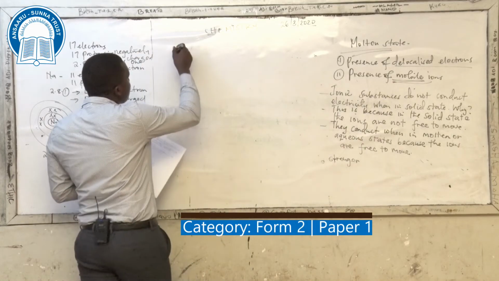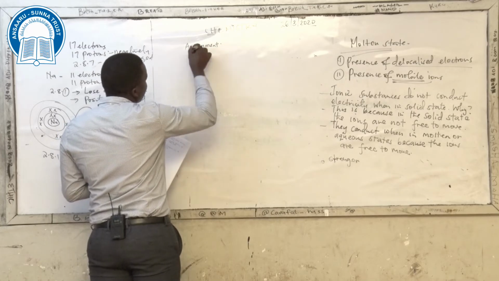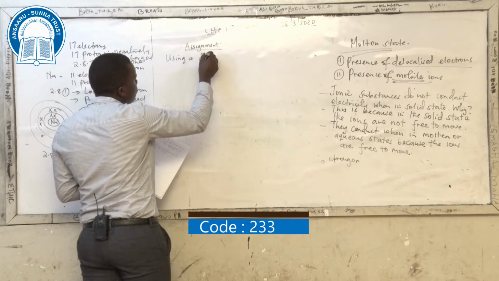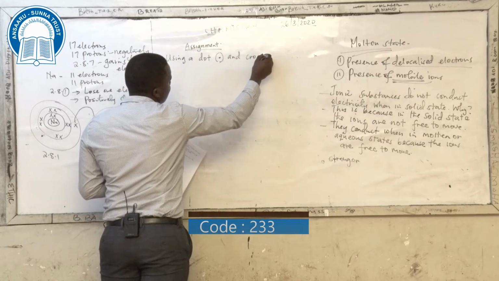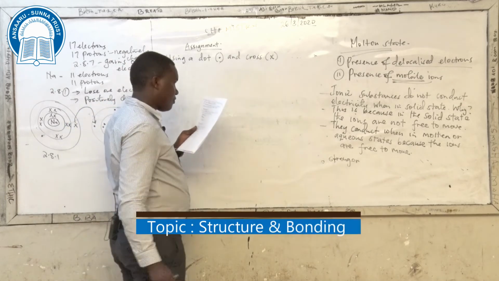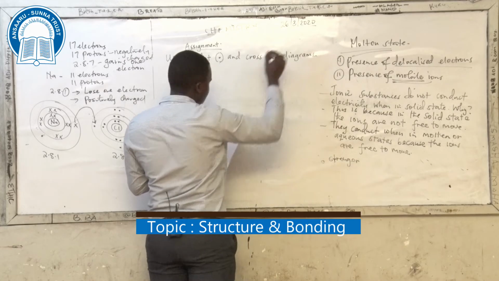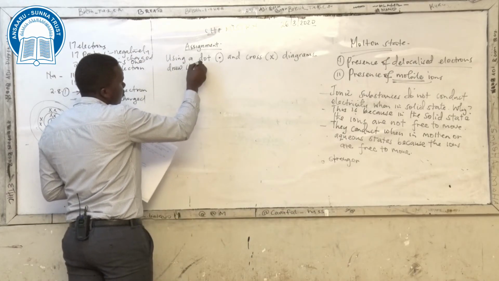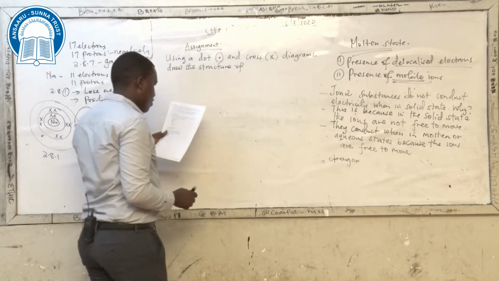So using a dot and a cross diagrams, draw the structure of the following.